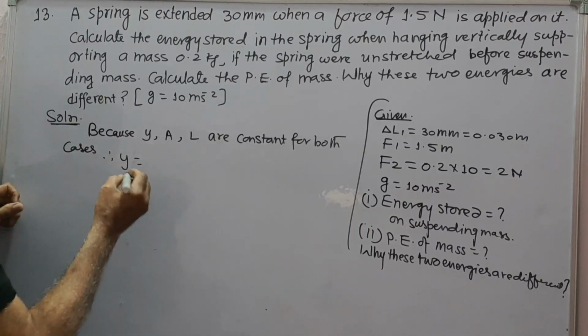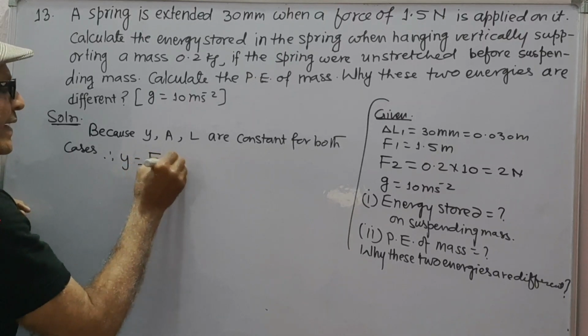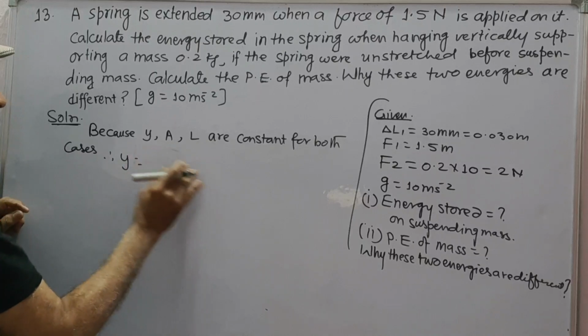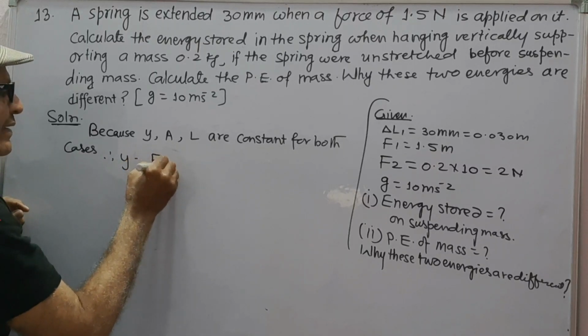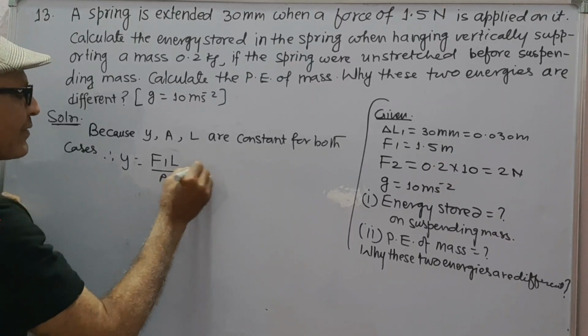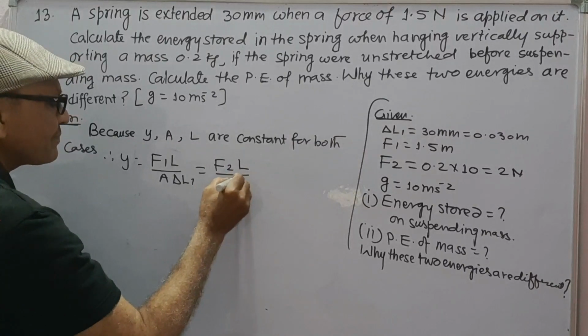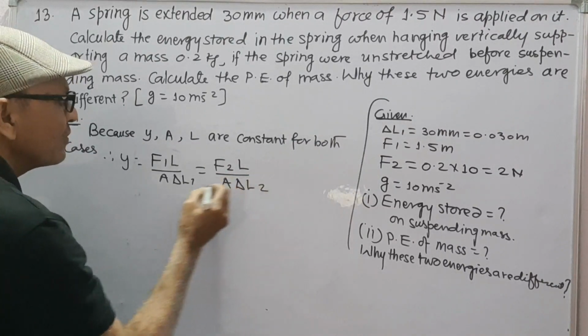Therefore Y will be equal to F1 L upon A delta L1, which is F2 L upon A delta L2.